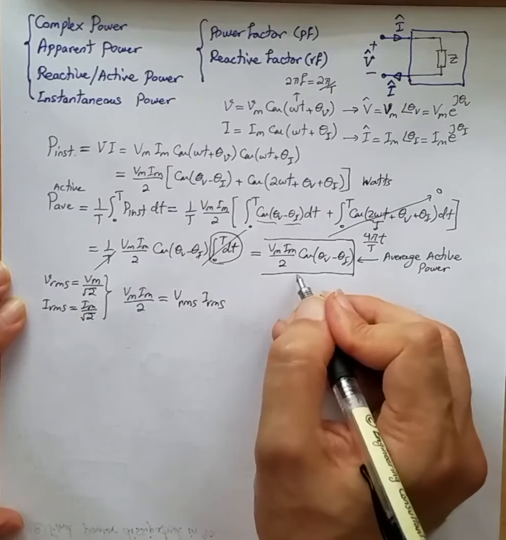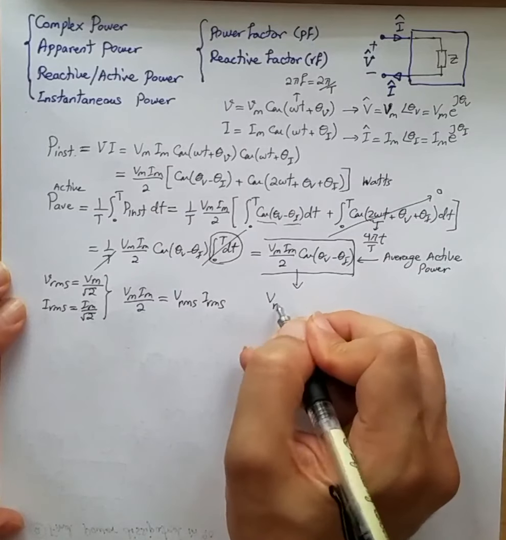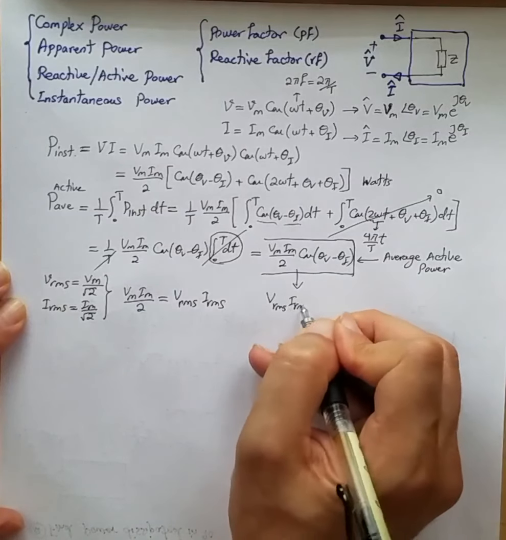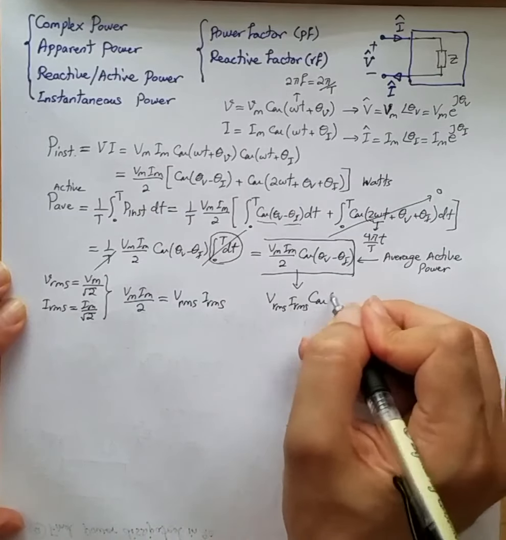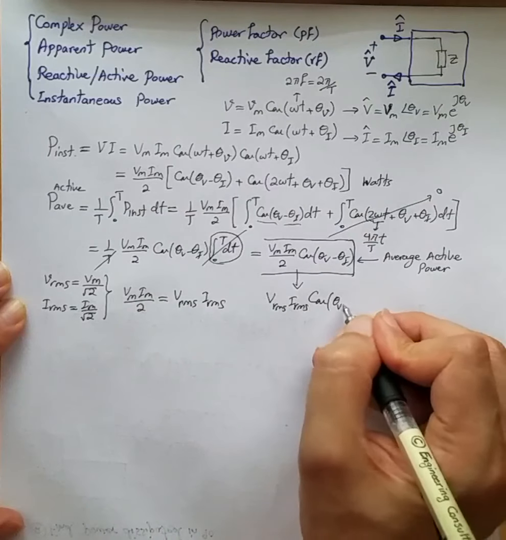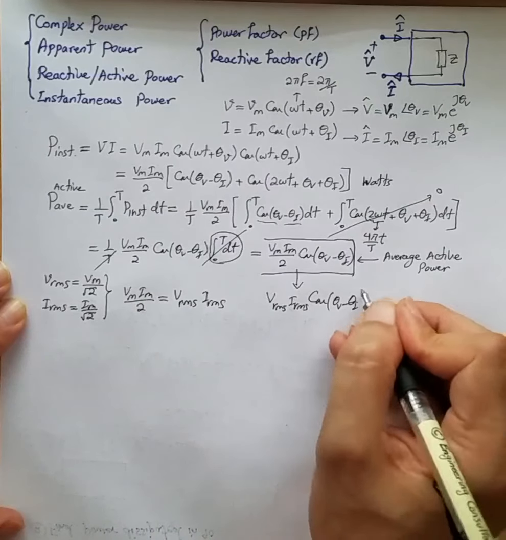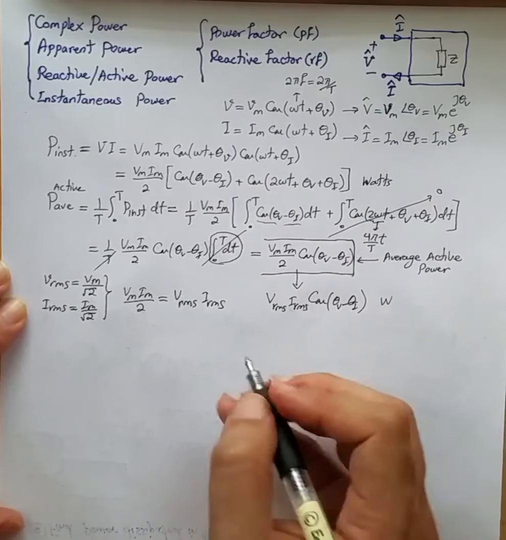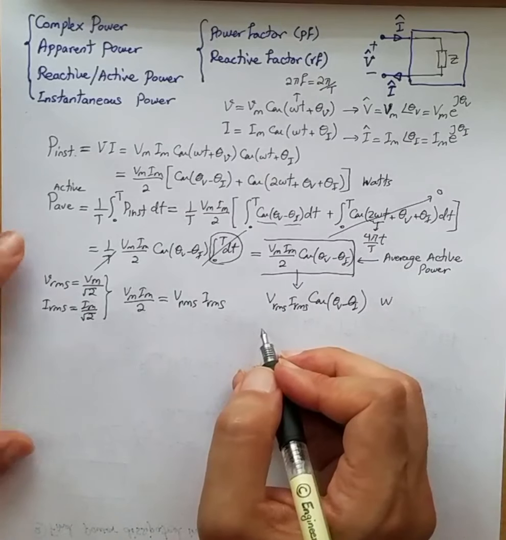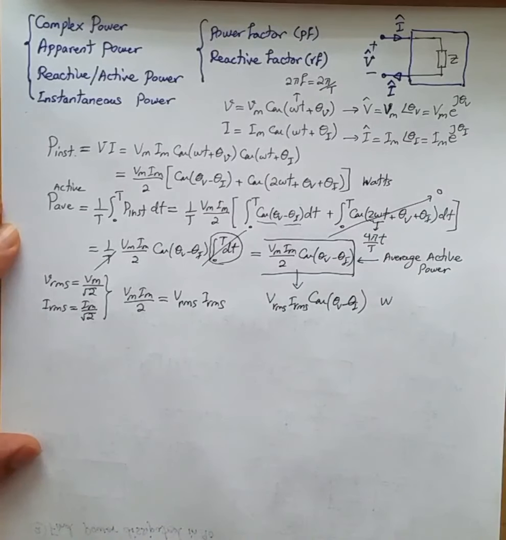So that's why this can also be written as V RMS times I RMS cosine theta V minus theta I watts.